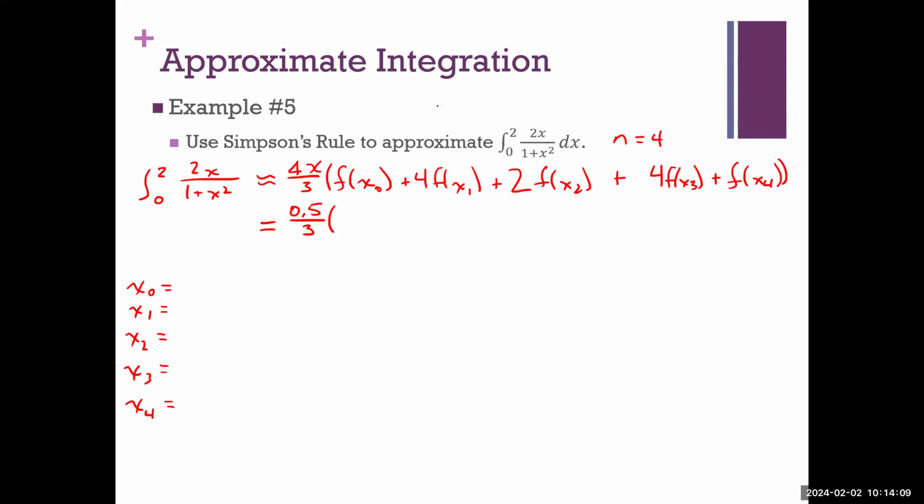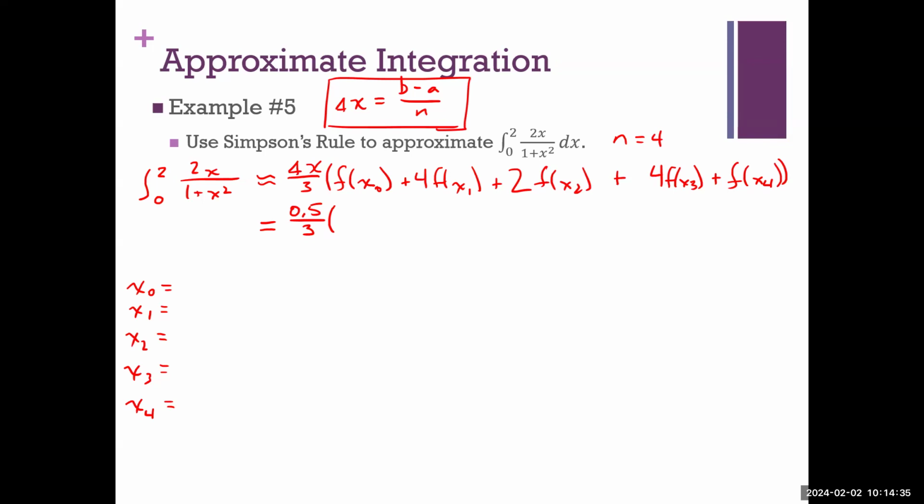Sure, so the 0.5 comes from this: b minus a over n. Whether or not you remembered, I'm almost positive you've all seen this formula when you went into integration at the very tail end of Calc 1, if you took it here.